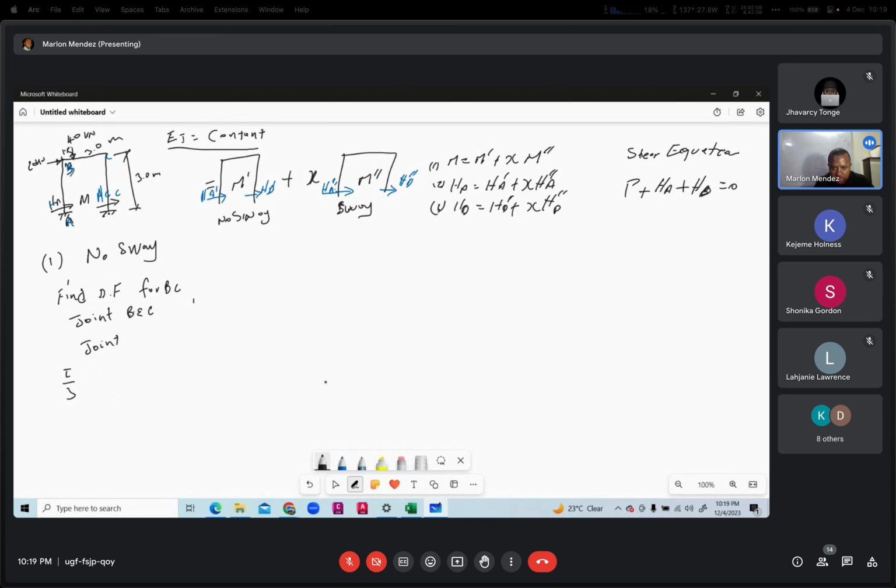Let me use another color. So the length here that we're dealing with is 3, plus 1.5 plus 1 plus 3, which is equal to 4.5.